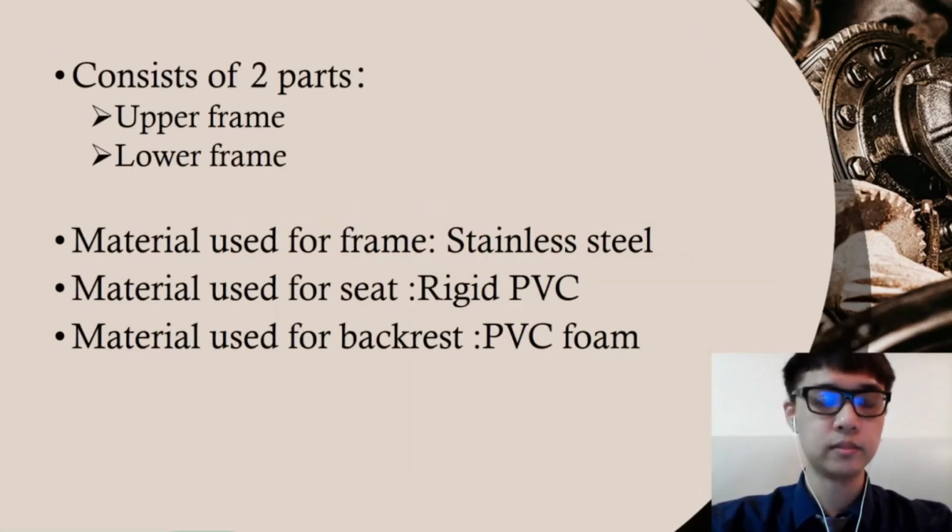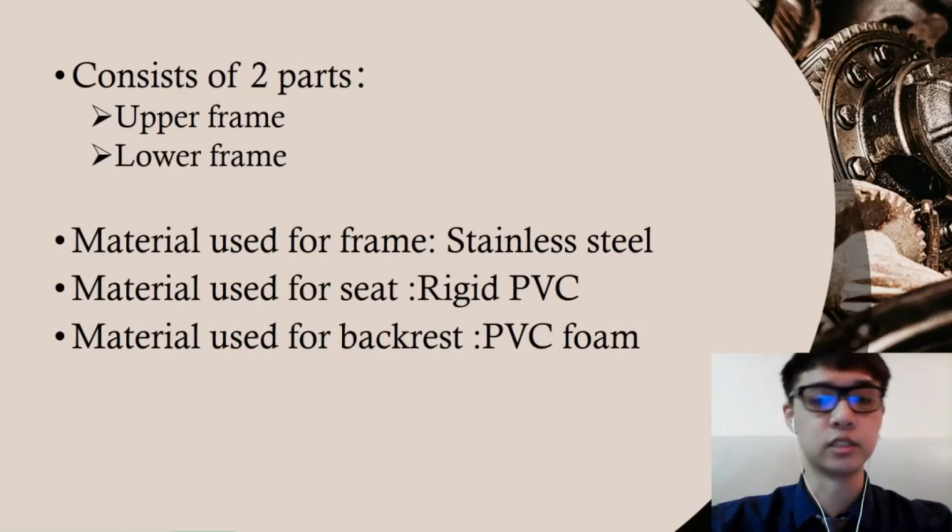Our body frame consists of 2 parts, which are the upper frame and the lower frame. The material used for the frame is stainless steel because it is corrosion resistant and has high shear strength. This can ensure a long lifespan of the transfer wheelchair.